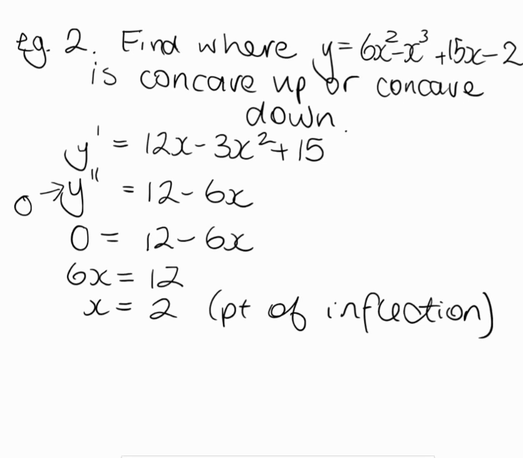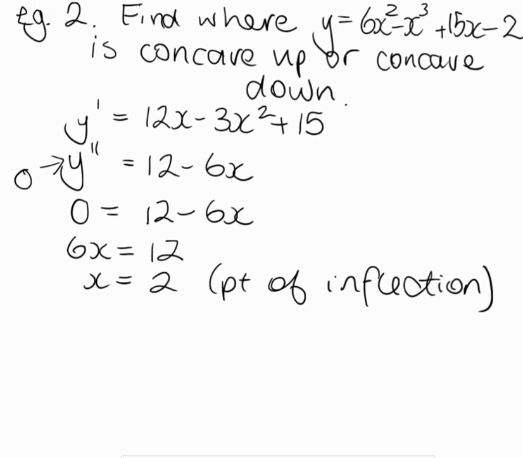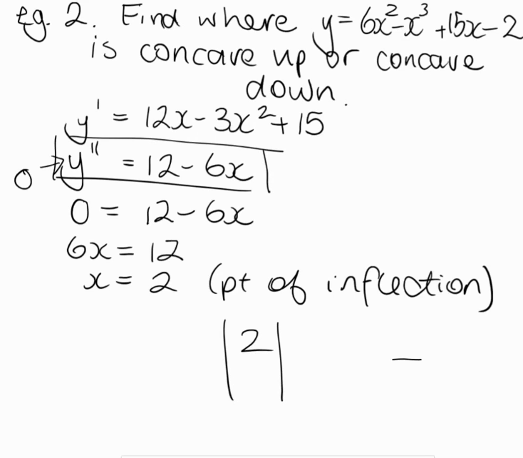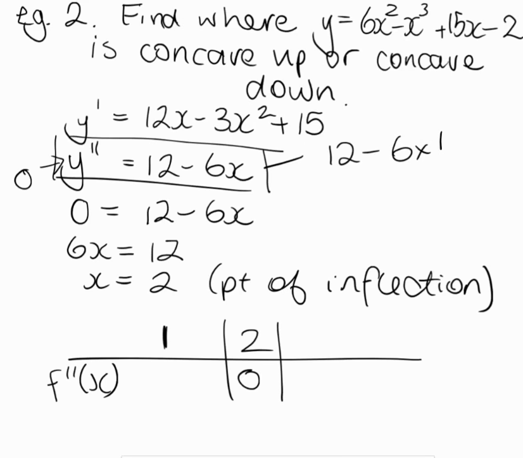Now, to find where it's concave up or down, what we can do is look at points either side. So we're looking at y double dash. We know at 2, our f double dash of x is equal to 0. So let's try at 1. If we substitute 1 in, 12 minus 6 times 1 is positive. It doesn't matter what the value is. So we know that's positive, so that must mean it's concave up.